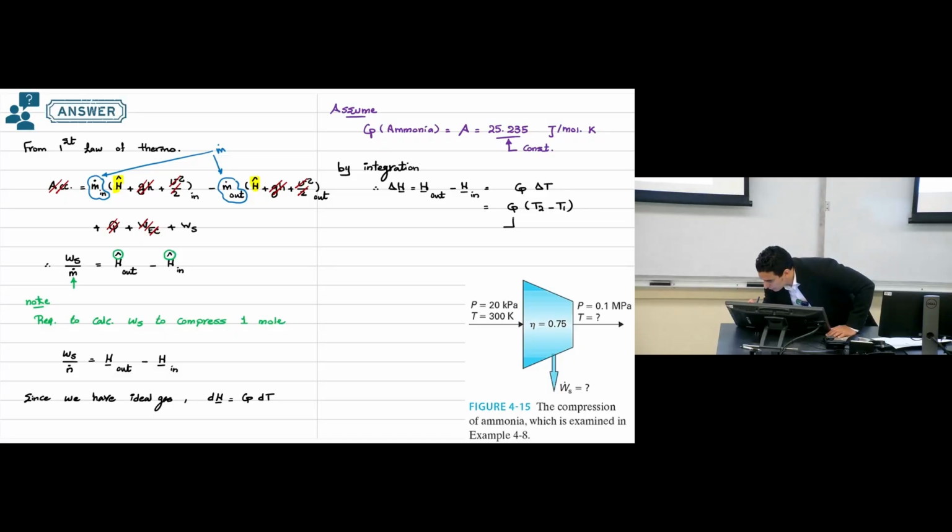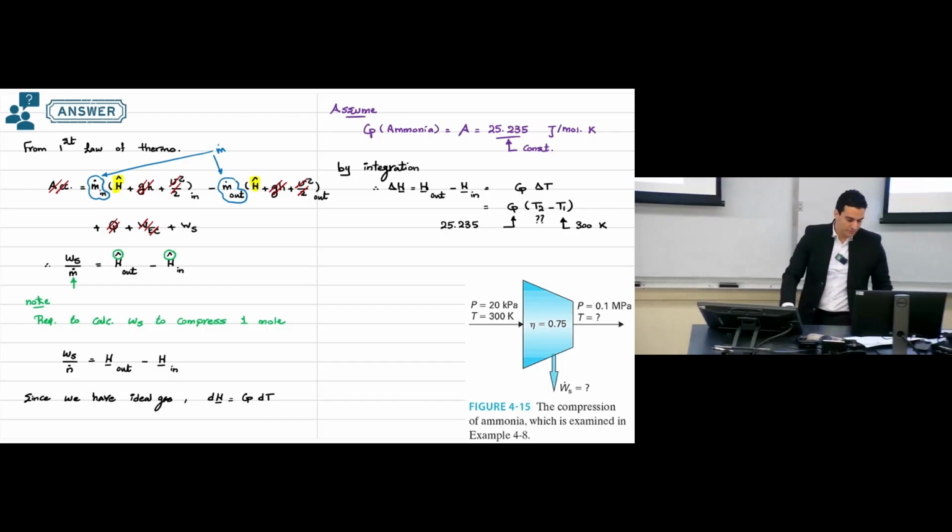Cp is known, the value is 25.235. T1 is also known, given as 300 Kelvin. But T2 is not known here.